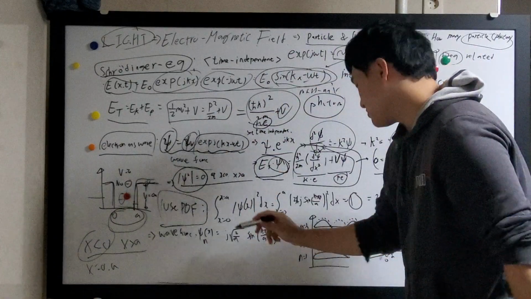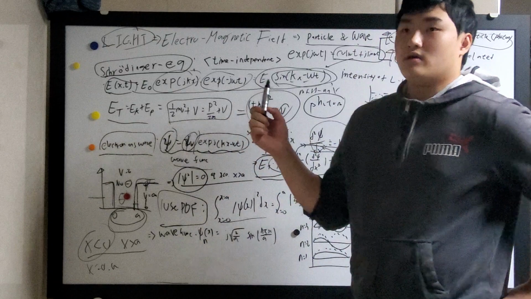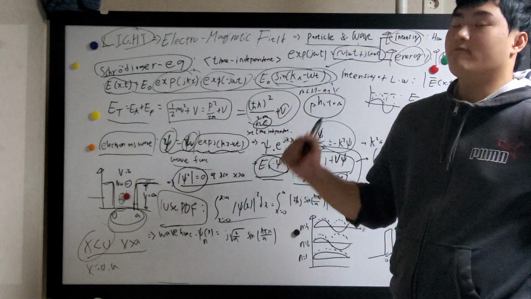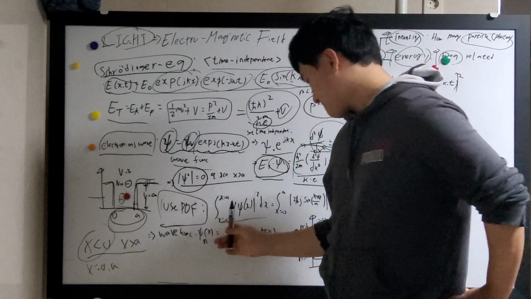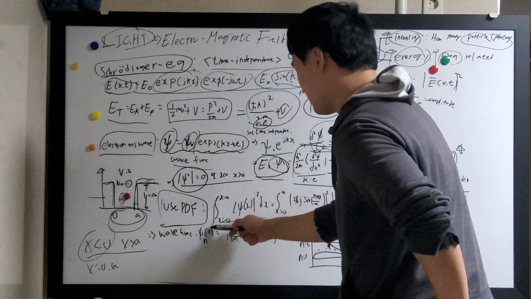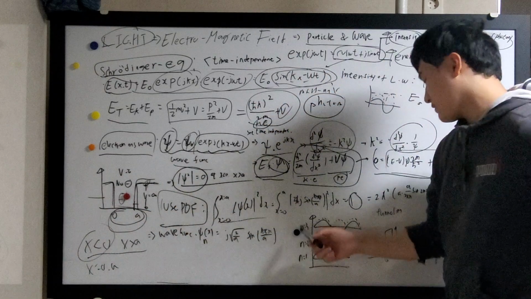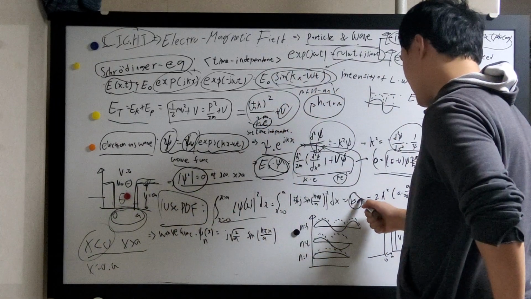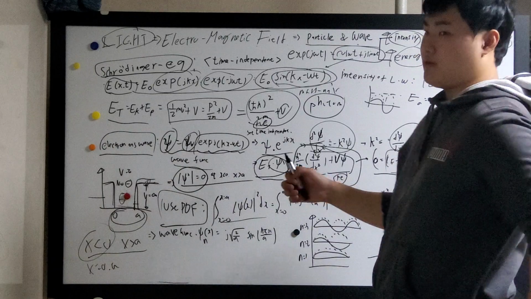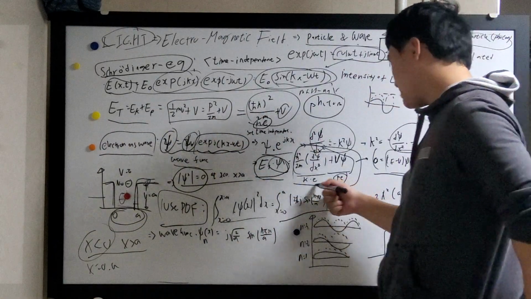So using the PDF, the absolute square value of the wave function, the intensity, integrated from 0 to a is 100%, meaning there is at least one electron inside. The equation states like this.